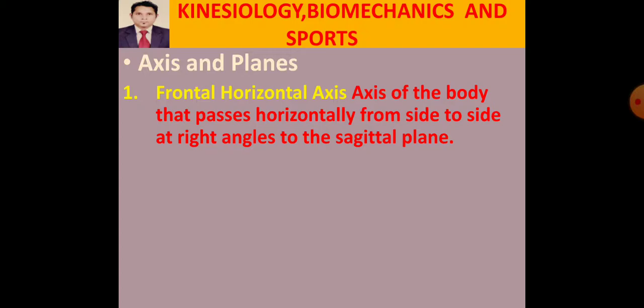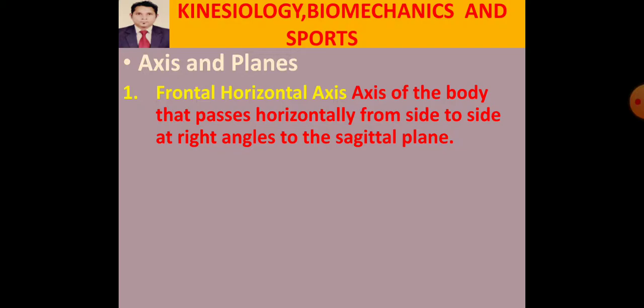Sagittal horizontal axis: the axis of the body that passes from front to rear, lying at right angle to the frontal plane. This also divides the body into two parts, upper and bottom.